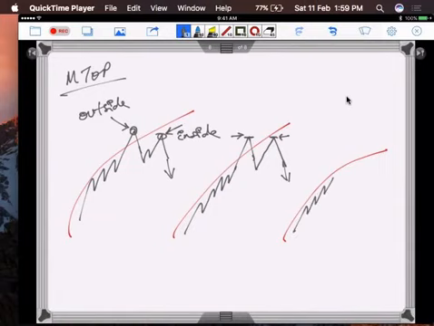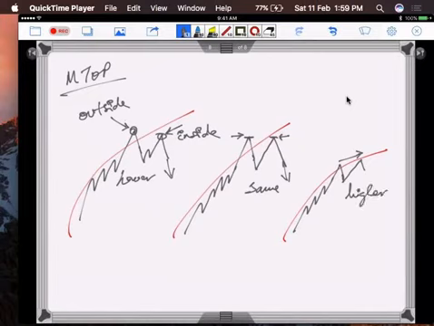Prices are in an uptrend, go outside the band and make a high, come down and go inside the band and make a high. In this case, the prices have made a higher high. It can make a lower high, the same high, or a higher high. Does not matter.